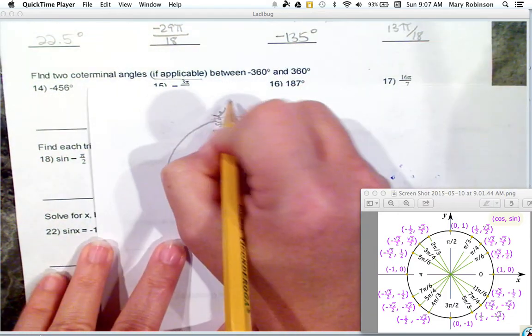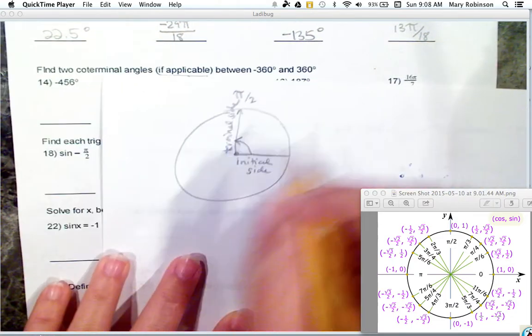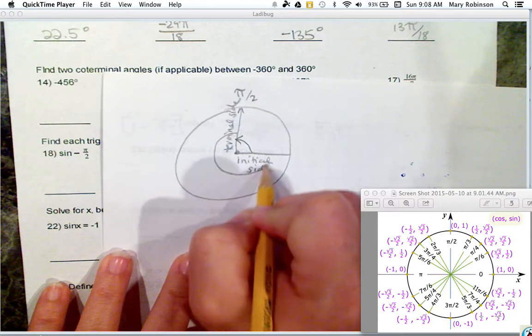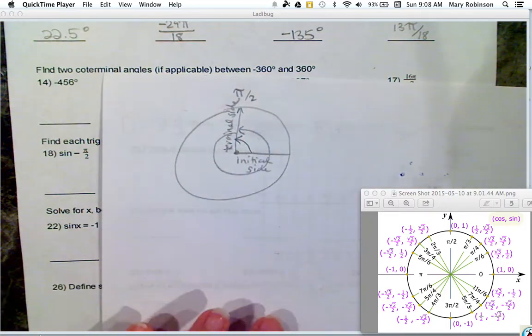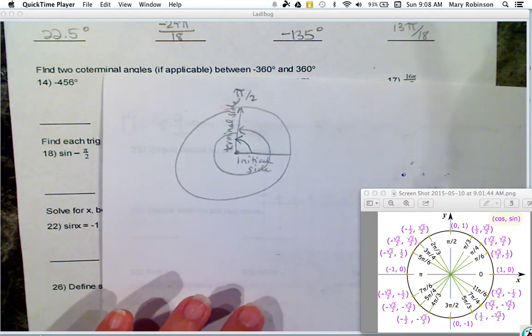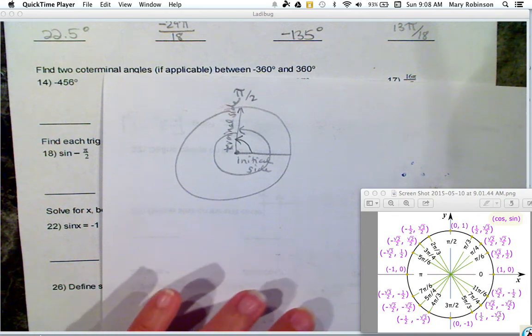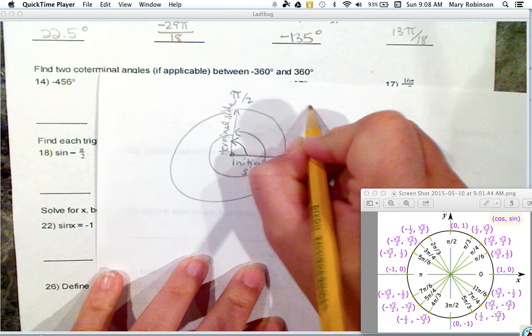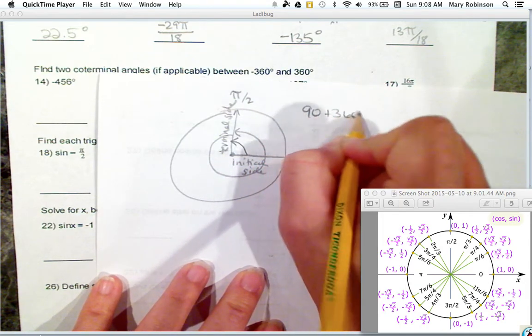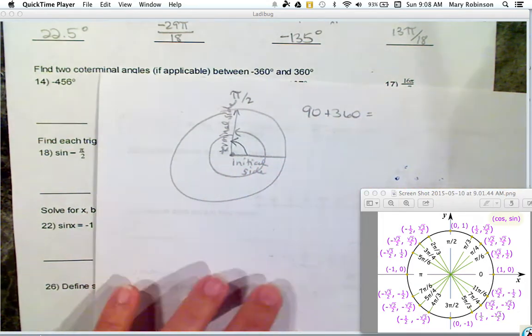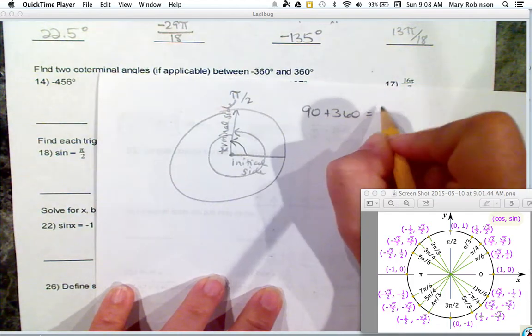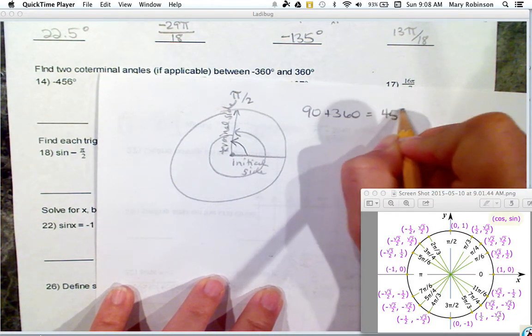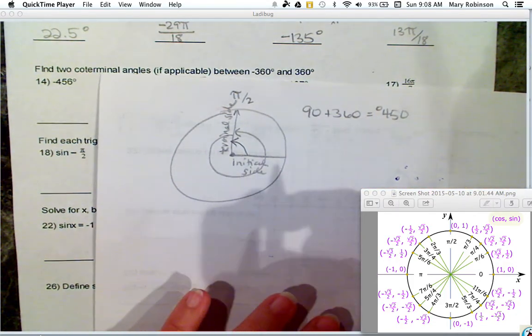So right now it's at pi over 2. If I sweep this 360 degrees in the positive direction, I'm actually adding 360 degrees to 90 degrees, or I'm adding 2 pi. So if this was 90 degrees and I added 360, then we would have 450 degrees. So that would be a coterminal angle.